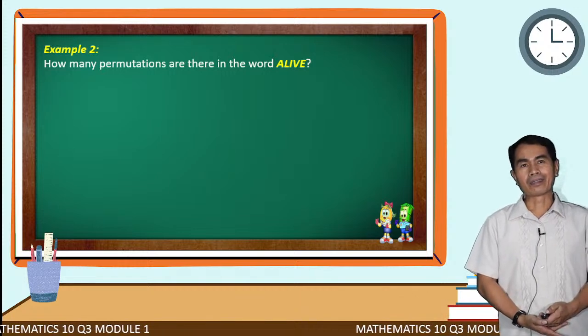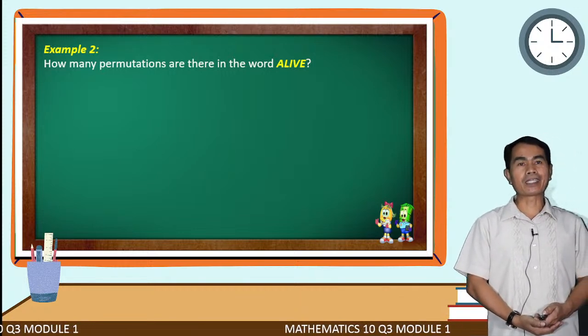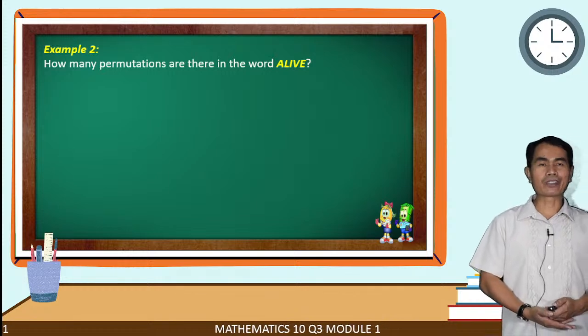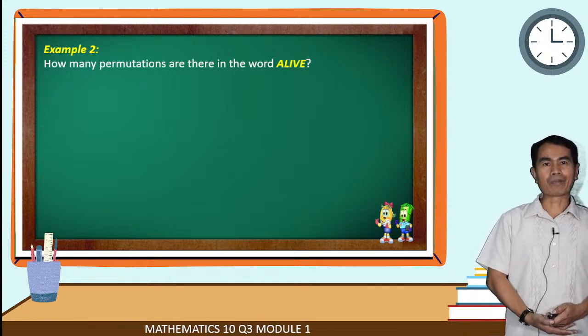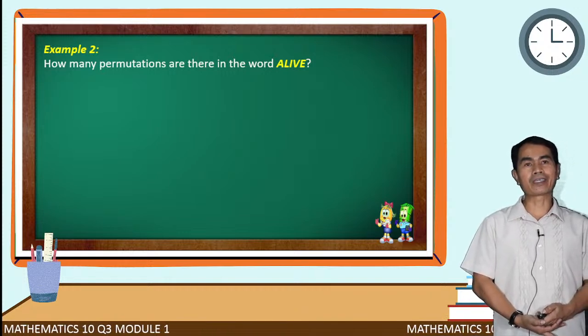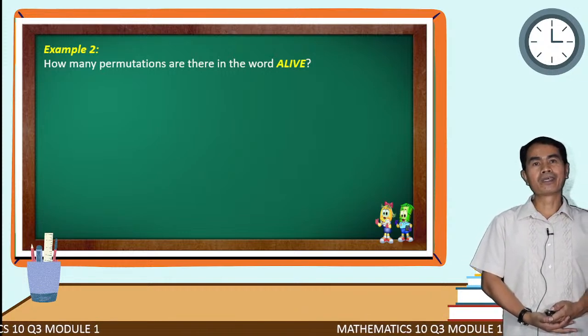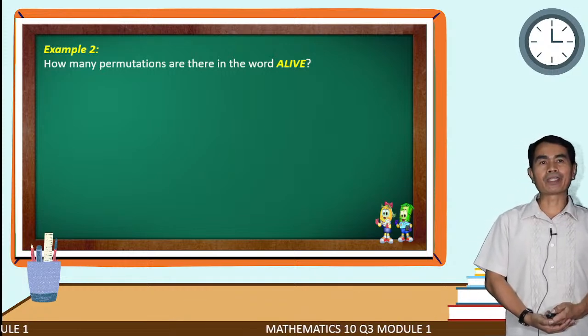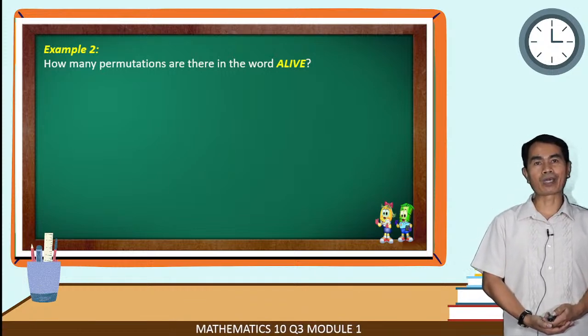The tree diagram and the systematic listing method are impractical to use in this problem because they are time consuming and there is a greater chance of committing mistakes. So instead, we use the fundamental counting principle to solve this problem.